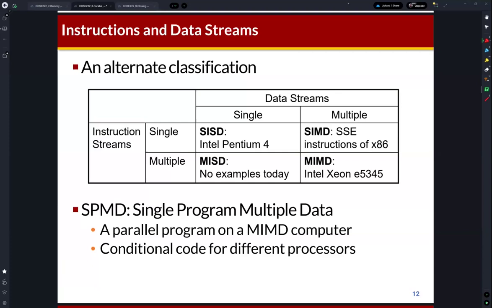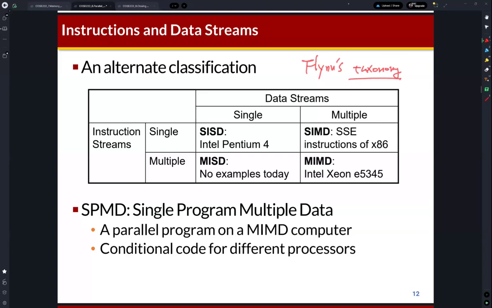This is called Flynn's taxonomy. Taxonomy means that we can classify some target systems. So that is the meaning of taxonomy.